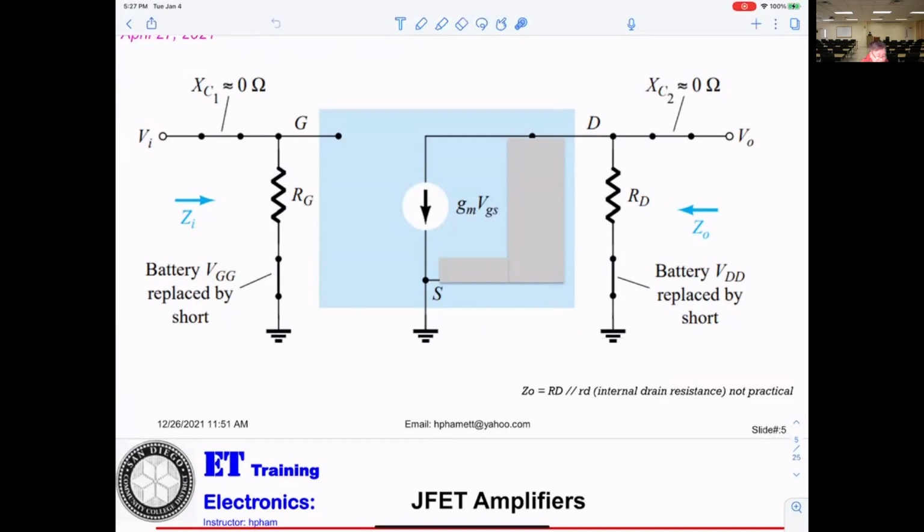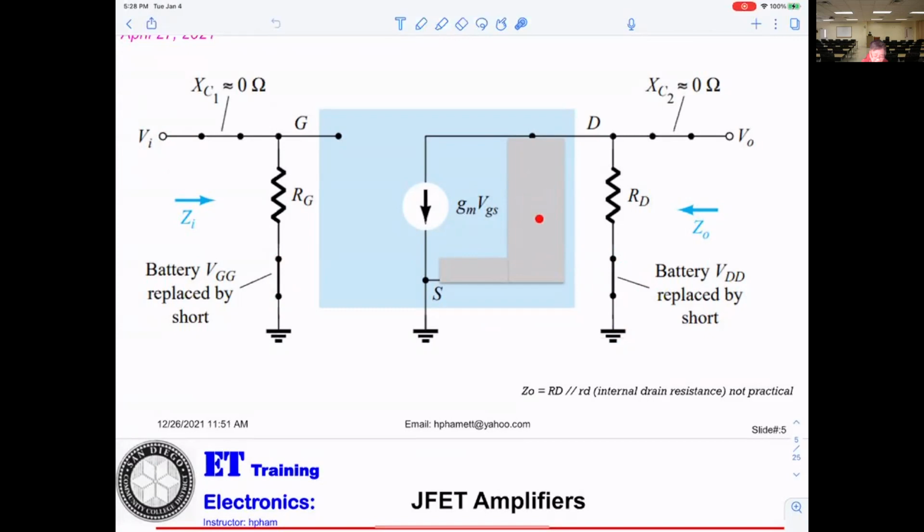In the fixed bias, this is Vin here. And the battery, minus VGG, is shorted to ground. Also you can see you get a VDD, and now VDD will be shorted to ground. Okay, I already deleted the internal output resistance.